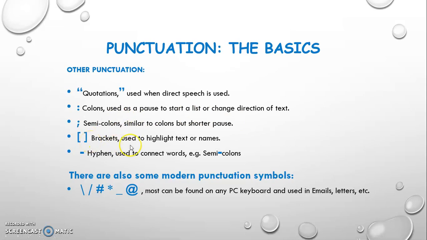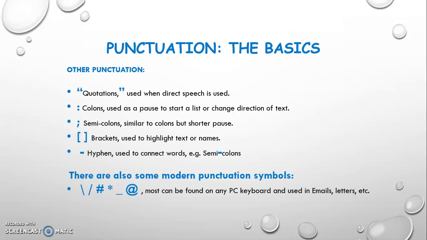As back in the example with Susan, instead of using commas, you could use brackets to add extra information to a sentence. Not so much used these days. Quotations are more used than brackets these days. And then hyphens, they're used to connect words, like Smythe-Jones, something like that.